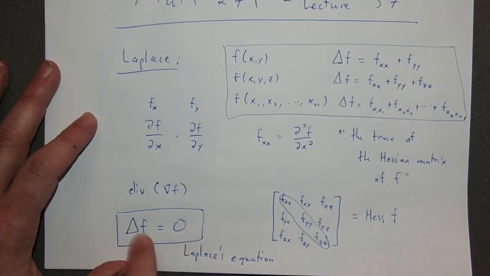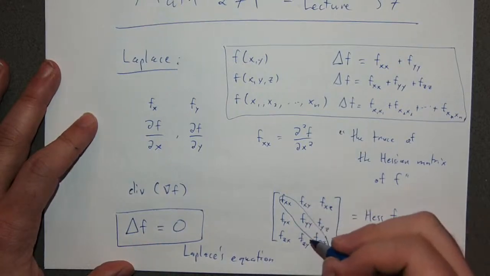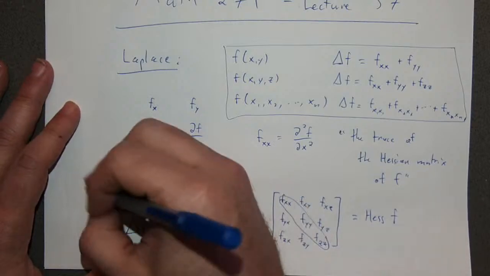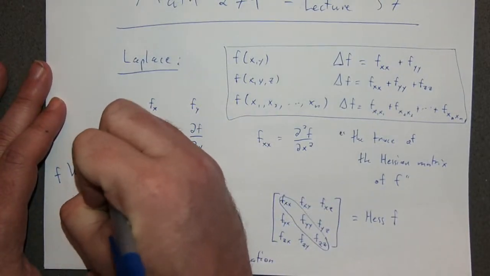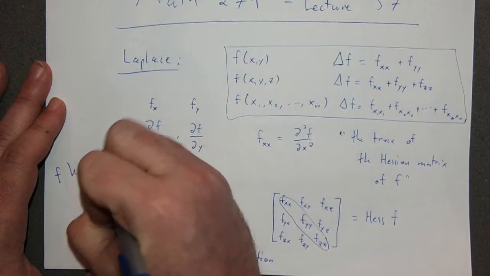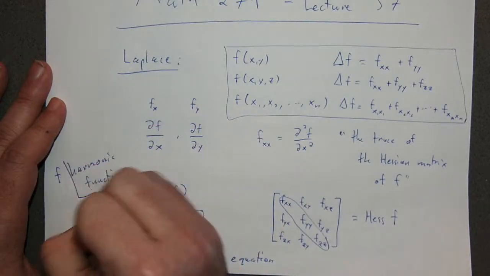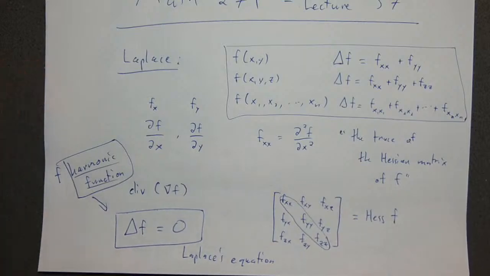So functions satisfying Laplace's equation are called harmonic functions. So for functions that satisfy this, f is called harmonic. And the study of harmonic functions is a subfield of analysis, and there's a lot of applied math that is entirely dependent on this.